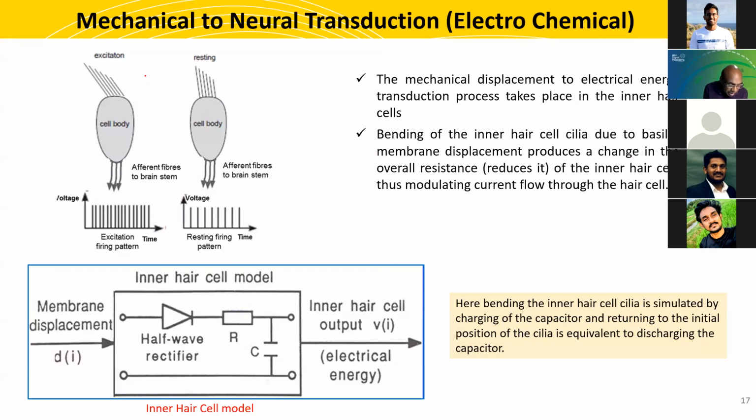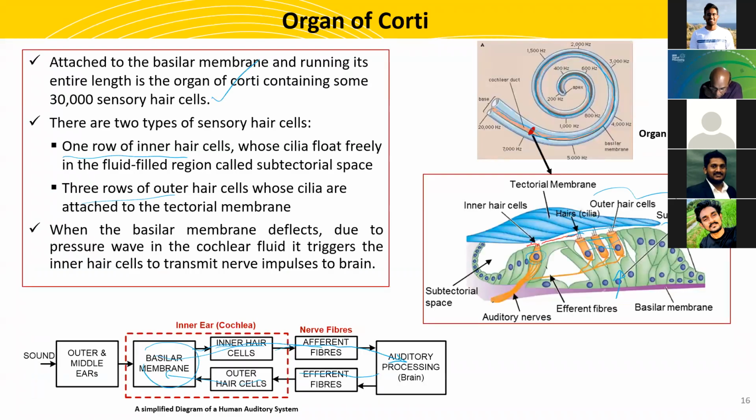When the fluid flows, this bends the hair. Bending the hair is equal to modulating a current through this. So if we go back to the diagram again, as soon as it bends, it sends a signal through this one. This is the nerve. That's exactly the output here. Nerve pulses are sent through this, modulating a particular current.